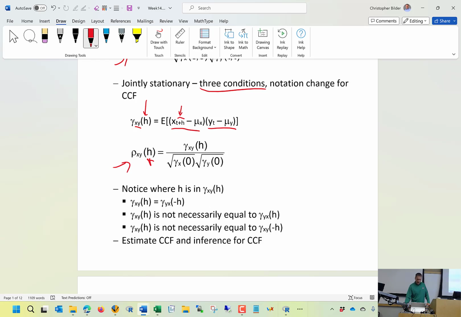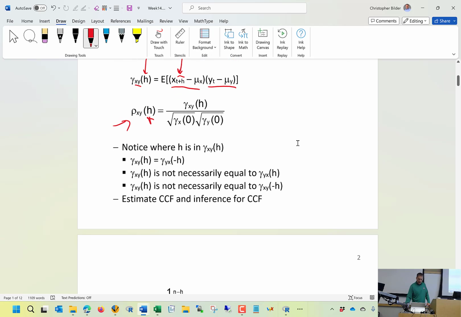Now, the reason why this is such a big deal, where we put that h, is because we need to understand better what are some equivalent ways to represent the cross covariance functions when I change, let's say, the order of x and y, or if I look at a positive lag difference versus a negative lag difference.